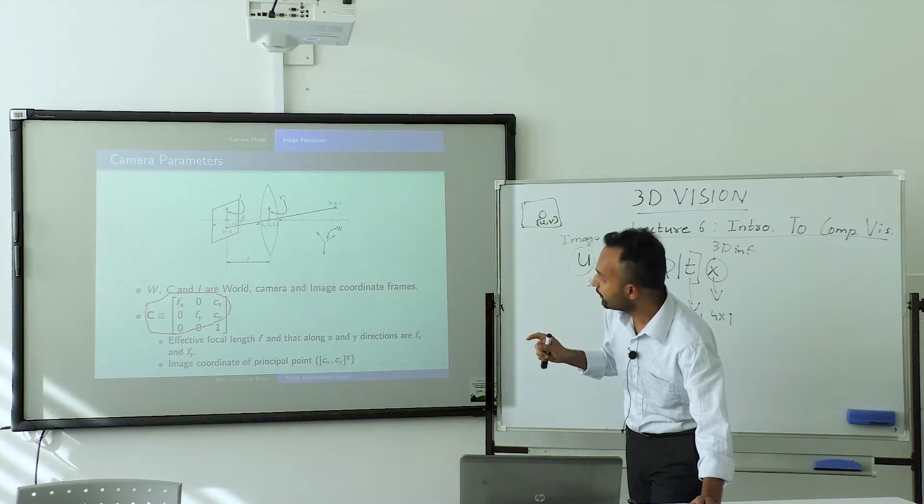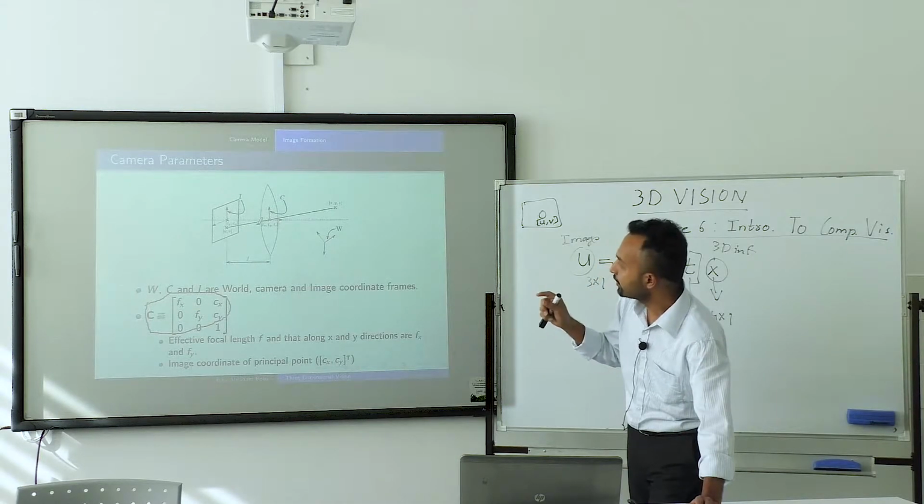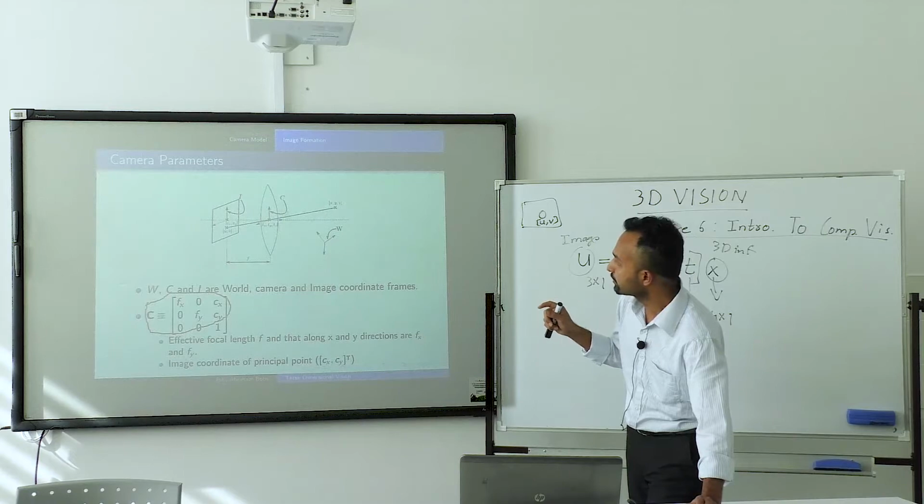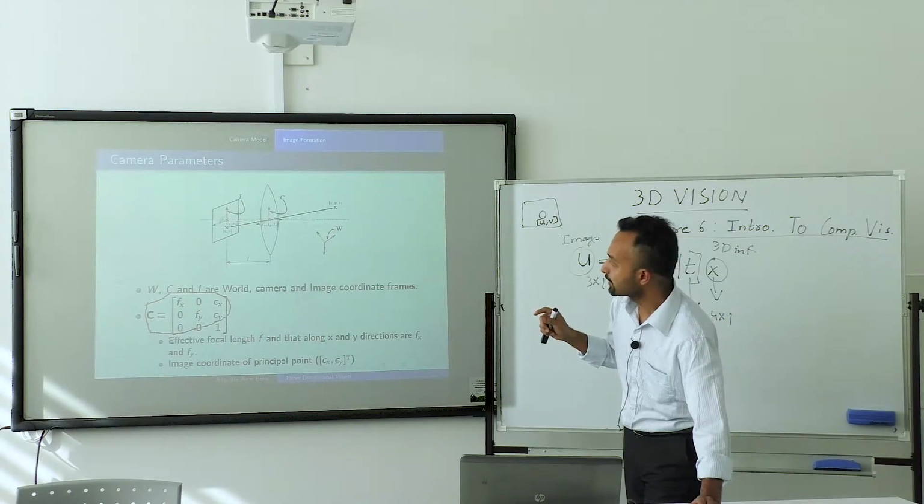The middle of the image, approximately the middle of the image, where the principal axis of the lens intersects the image, is called the principal point, and this is represented by Cx and Cy.